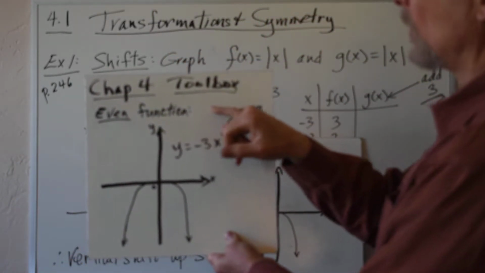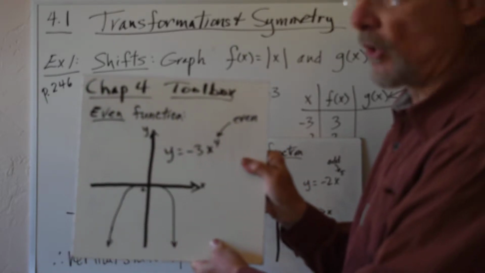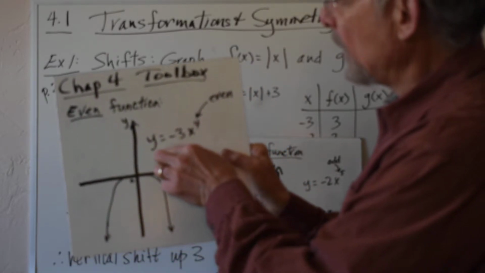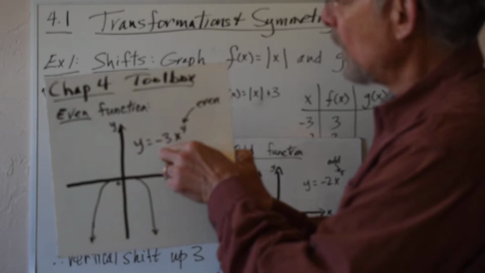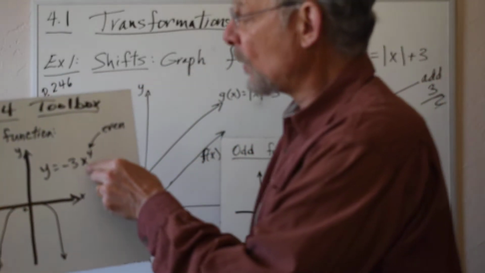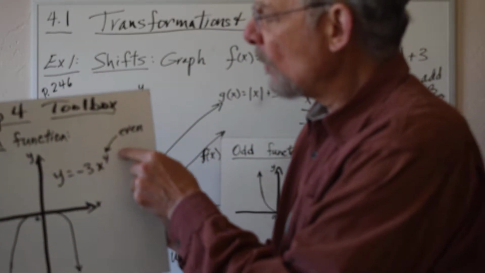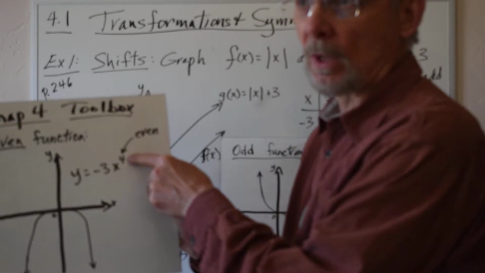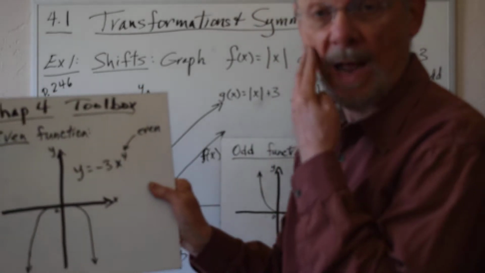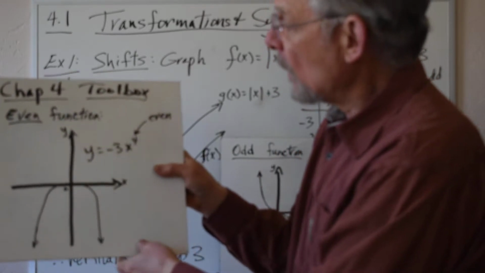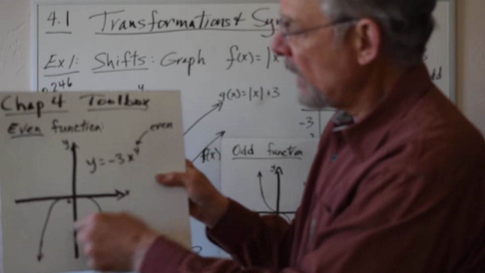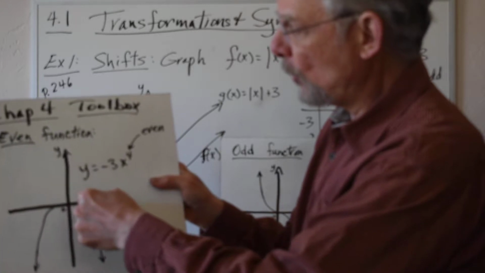One of the concepts is an even function. An example of an even function is when you have x, your independent variable, raised to an even power, such as 4, or 2, like in a parabola. The graph of this function here is this U-shaped graph.